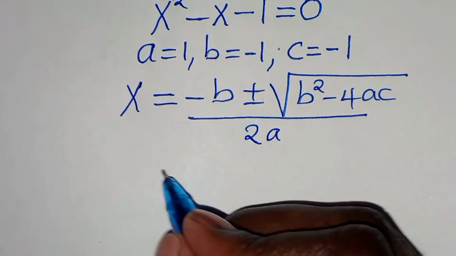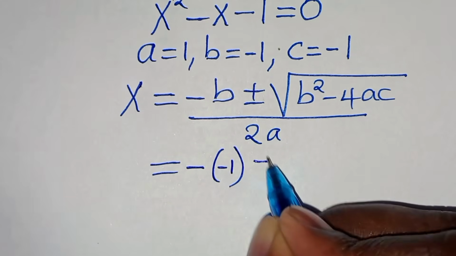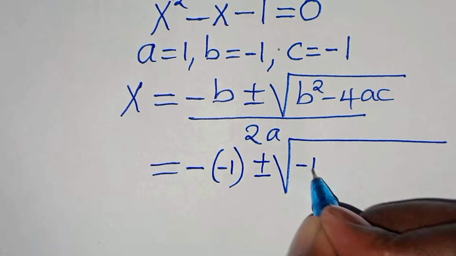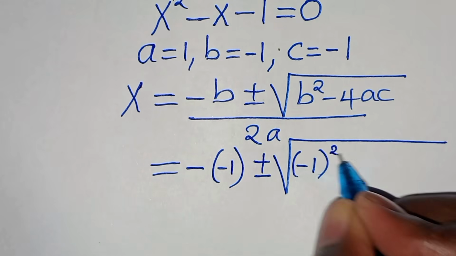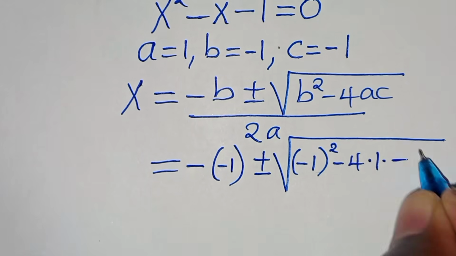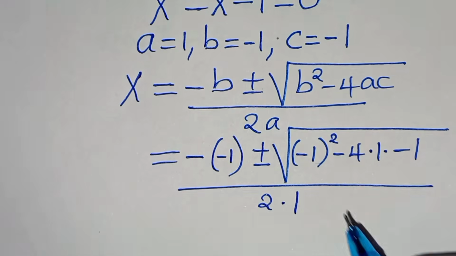So this implies that we have minus times minus 1 plus or minus the square root of (minus 1) raised to the power of 2 minus 4 times a, which is 1, times c, which is minus 1, everything divided by 2 times 1.